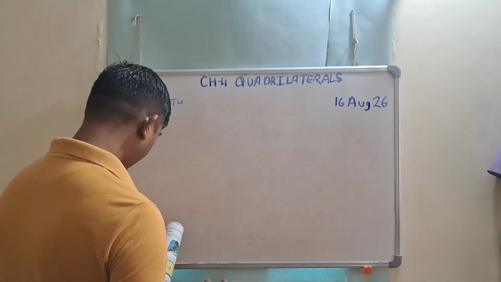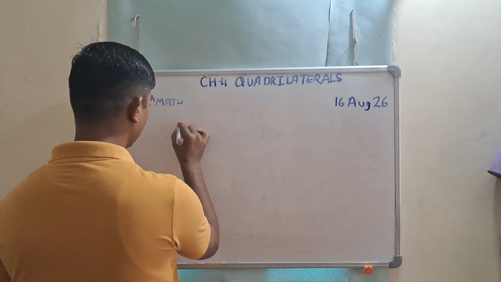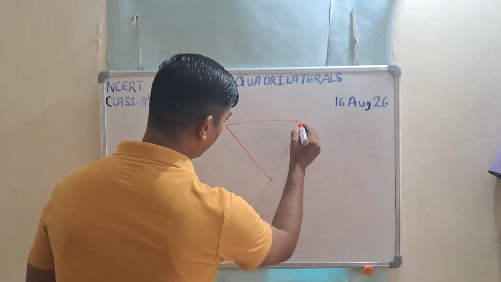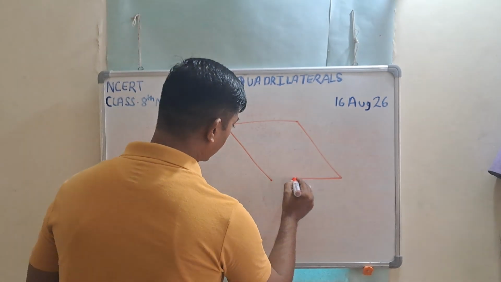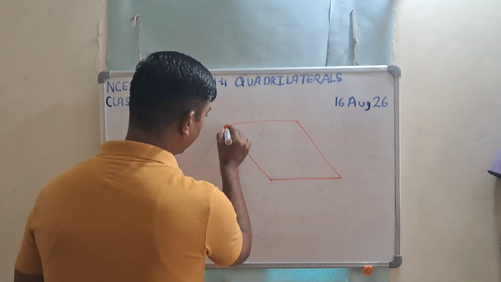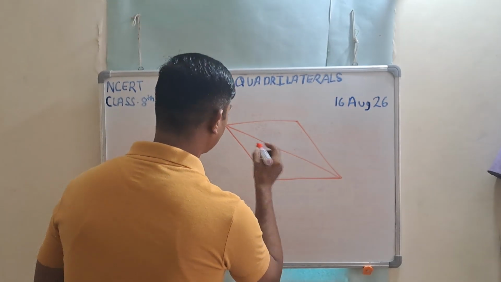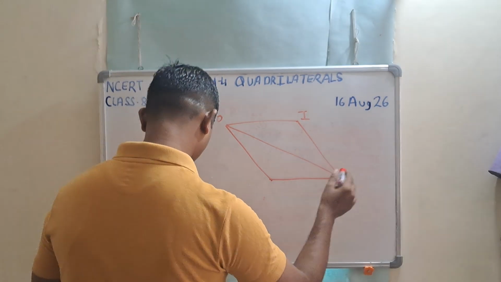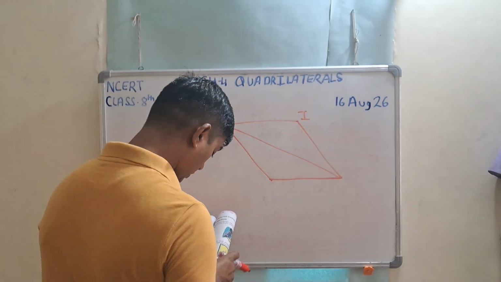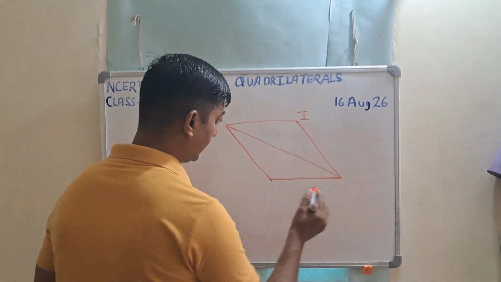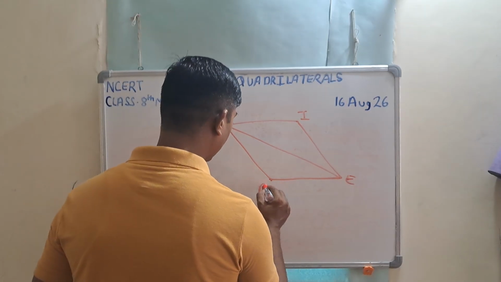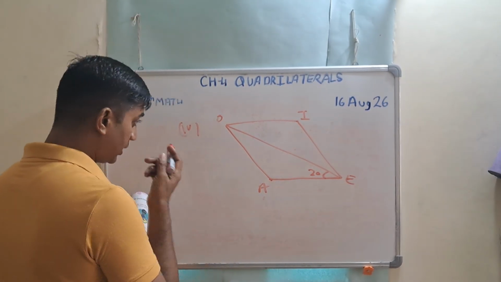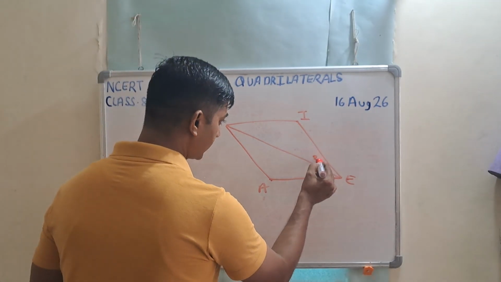The fourth diagram is also the same. Now you are in a condition that you can do all these calculations directly. O, I, E, A, and this angle is given. The same situation we have. This is 20, so this is also 20.